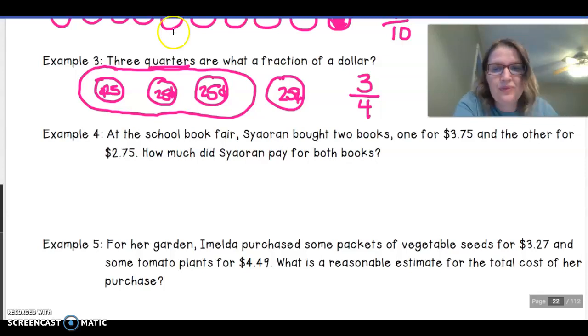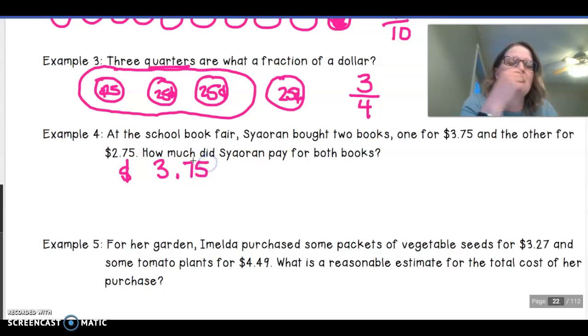The trick here is we need to take, and I'm gonna put our dollar sign, $3 and 75 cents. I'm reading this again because I want to make sure that I understand it correctly. So I want to make sure that you do this too. There's times when you get in the middle of it and you go, am I doing this right? Stop what you're doing and read it again.